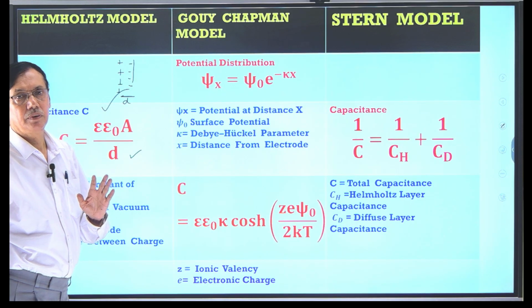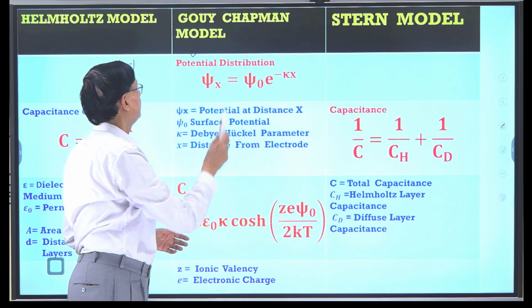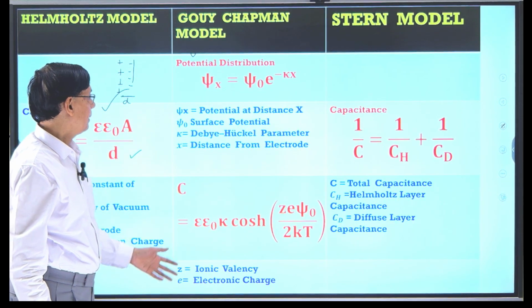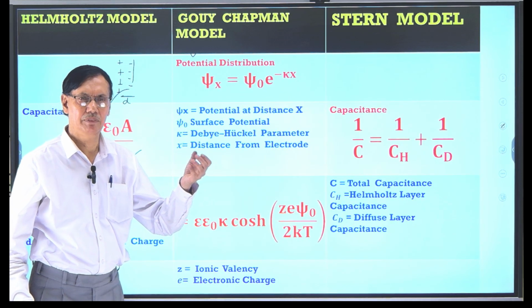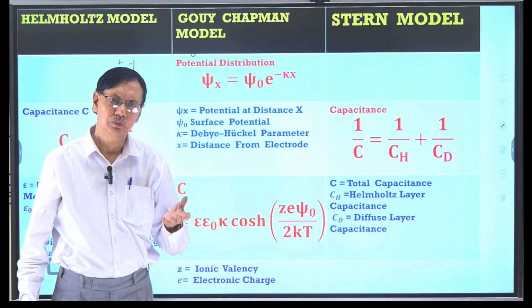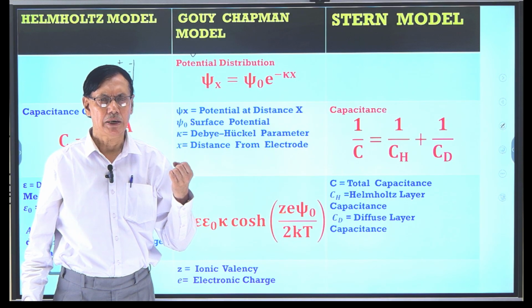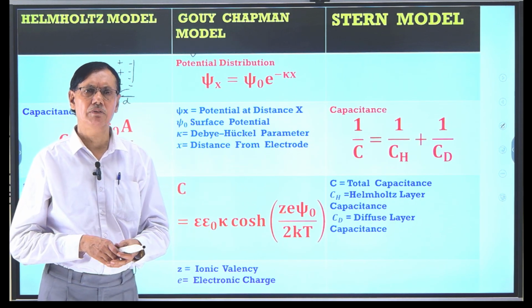Okay. Now I am coming to the next part, the Gouy-Chapman. There are two formulas. First formula, if you understand, many times I have taught you the Maxwell-Boltzmann distribution, Fermi-Dirac distribution, large number of distributions, spectroscopy, everywhere.